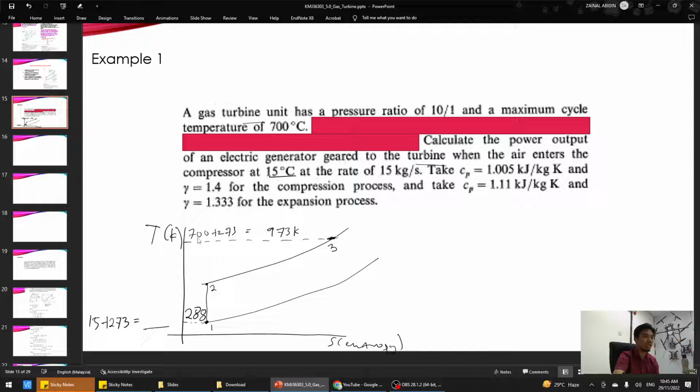It's not kilo, K stands for Kelvin, capital K. Then we have the fourth process, which is the isentropic expansion to the fourth position here.